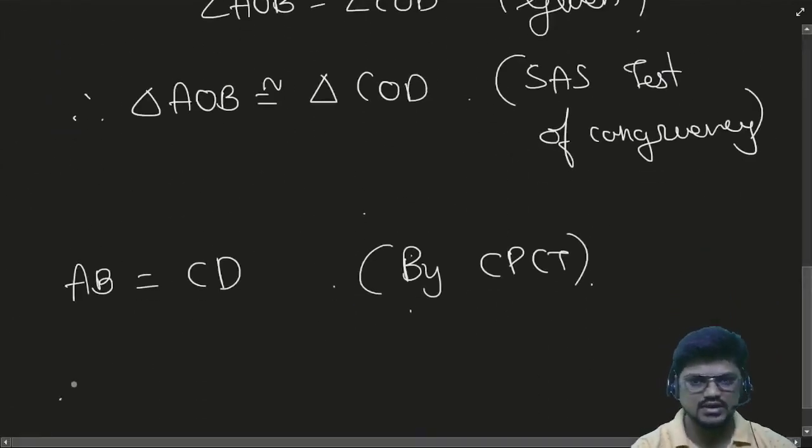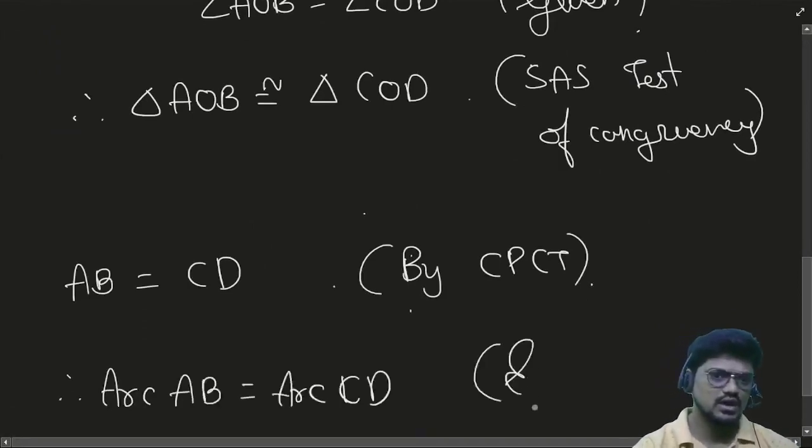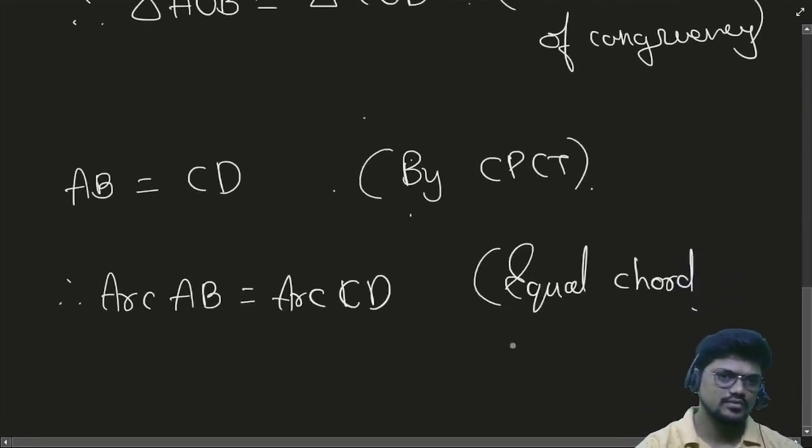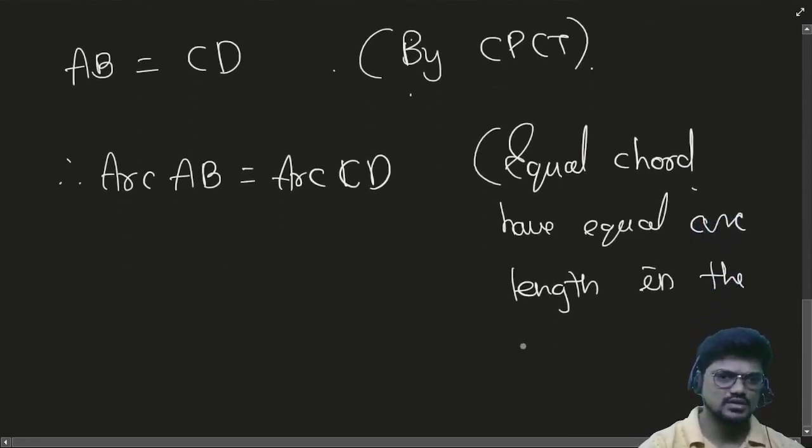Therefore, arc AB will be equal to arc CD. What is the reason? Equal chords have equal arc length in the same circle.